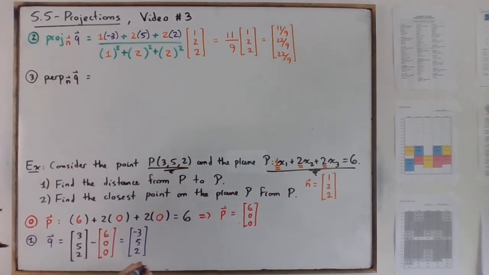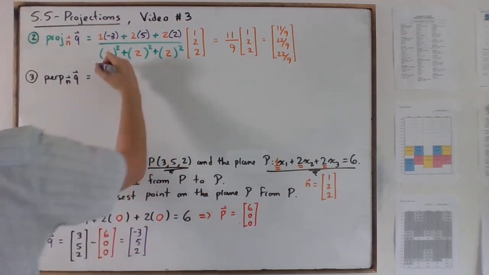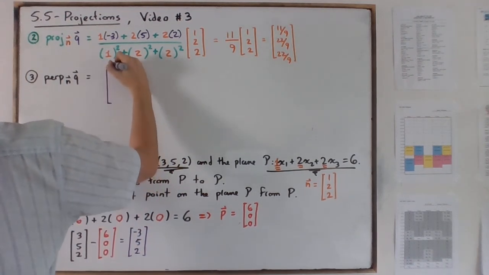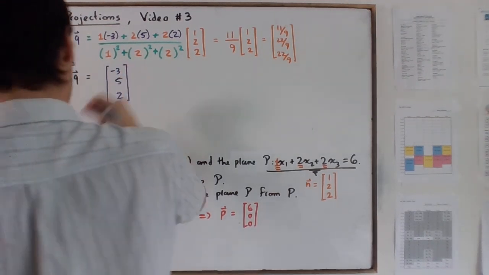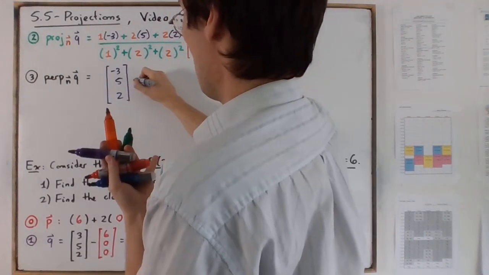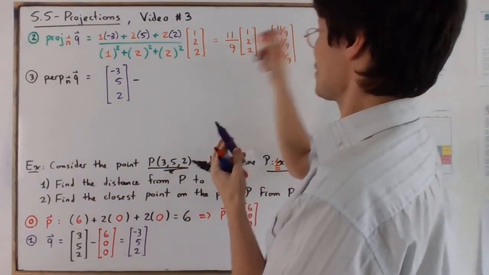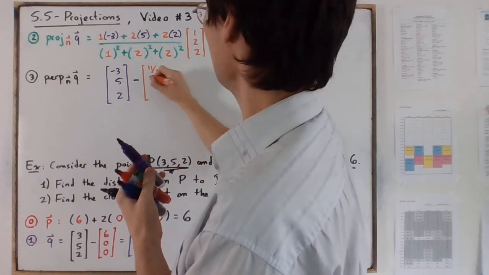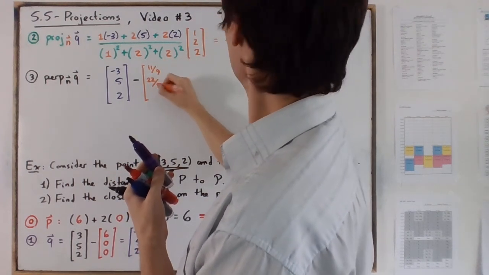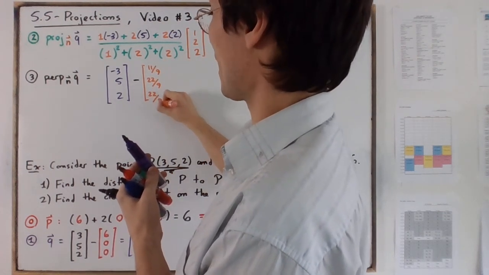The vector Q is this one right here, so we have negative 3, 5, 2, minus the projection that we got over here, 11 over 9, 22 over 9, and 22 over 9.